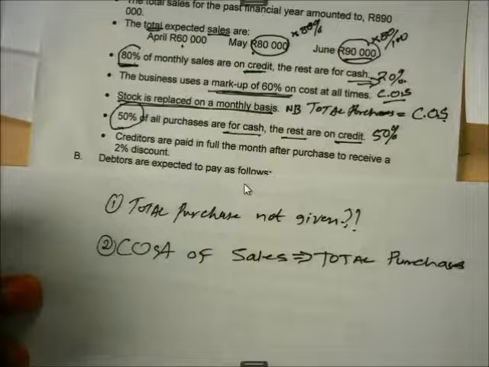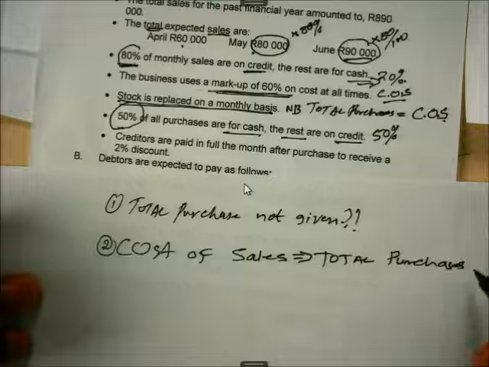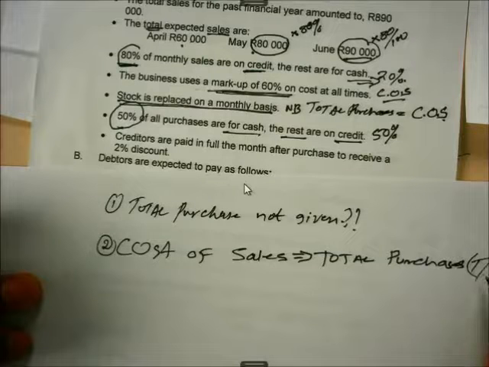Cost of sales is actually the cost price of goods that you sold, which is your trading stock. The goods that you sold is the trading stock. Right. Total purchases is actually your trading stock. It's your total purchases of trading stock. Maybe I did not make that point.